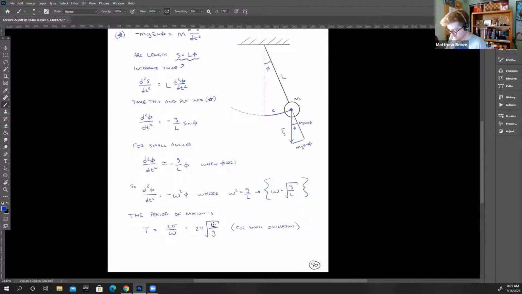That oscillation will only depend on the length of the pendulum itself. So the mass, I can put a paper clip at one end and it will oscillate, or I could hang a car off of the same length of pendulum and they will both oscillate at the same frequency, or with the same period of motion. I guess technically the same frequency, since that's omega right there.